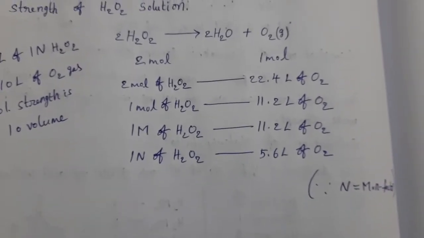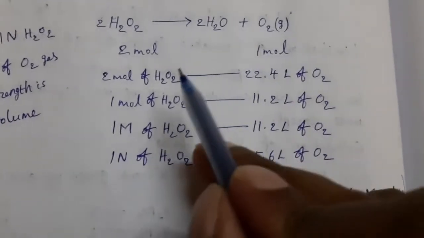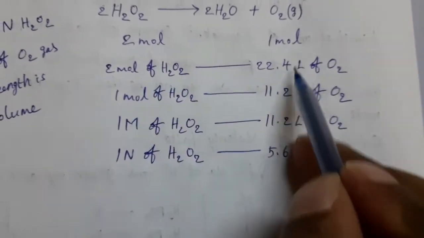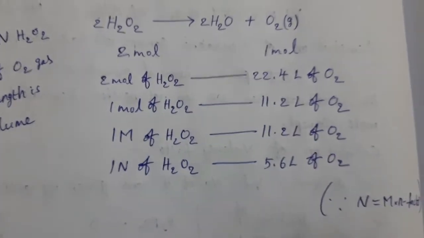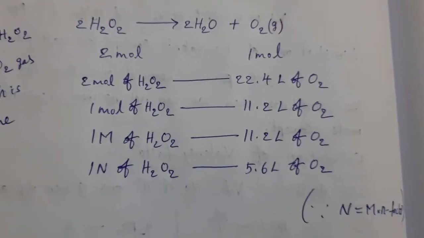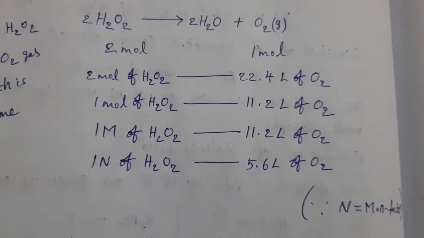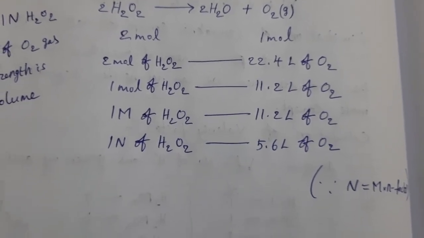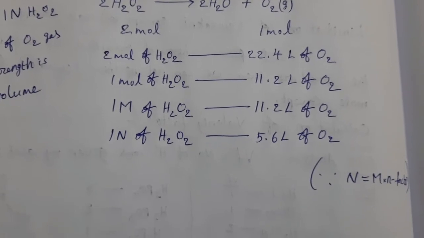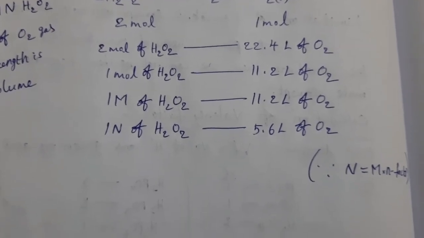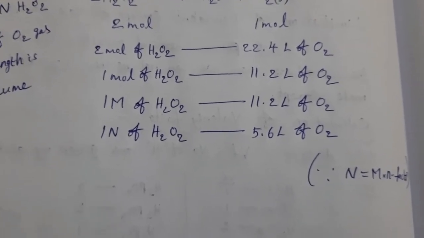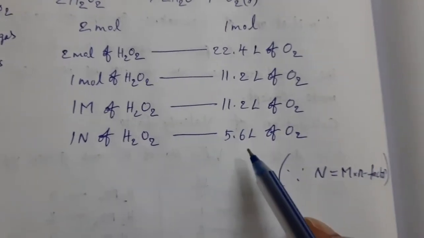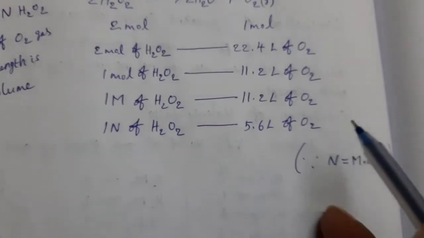So from this equation we can get 2 moles of hydrogen peroxide produces 1 mole, in terms of liters, 22.4 liters of O2. 1 mole of H2O2 produces 11.2 liters of O2. So in terms of molarity, 1 molar H2O2 produces 11.2 liters. In terms of normality, 1 normal H2O2 produces 5.6 liters of O2.